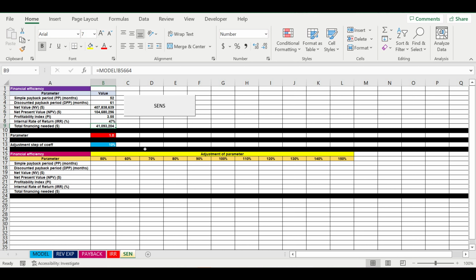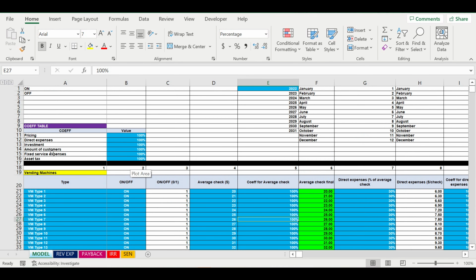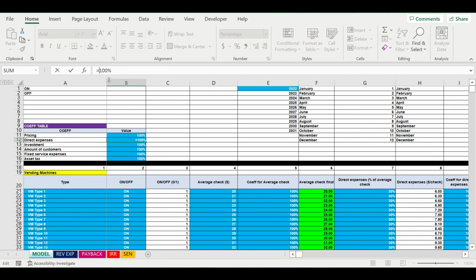And then, for example, you would like to see how stable your business idea is, and you can add a coefficient of sensitivity analysis.